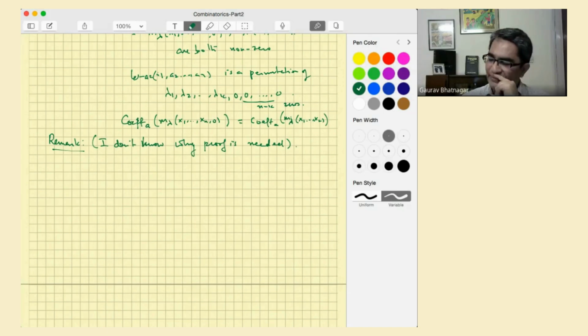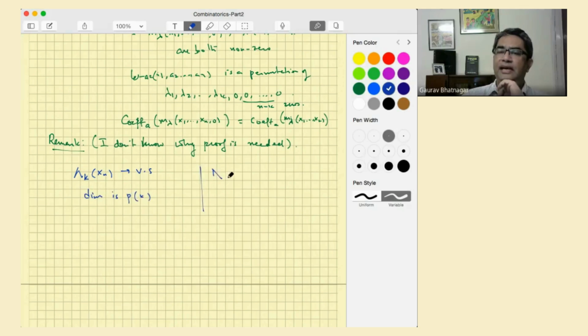Where are we? So we know that this is a vector space. It's finite dimensional. Its dimension is p of k.